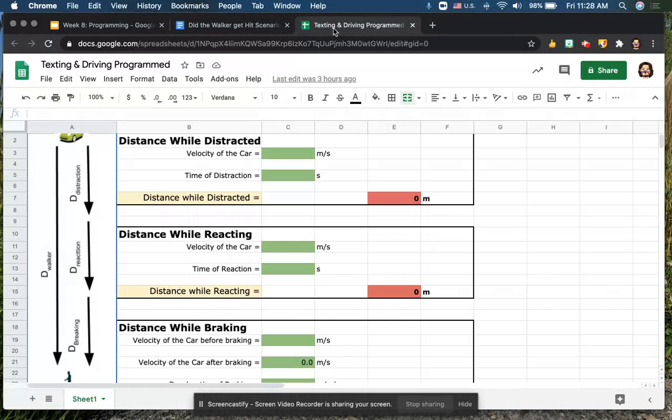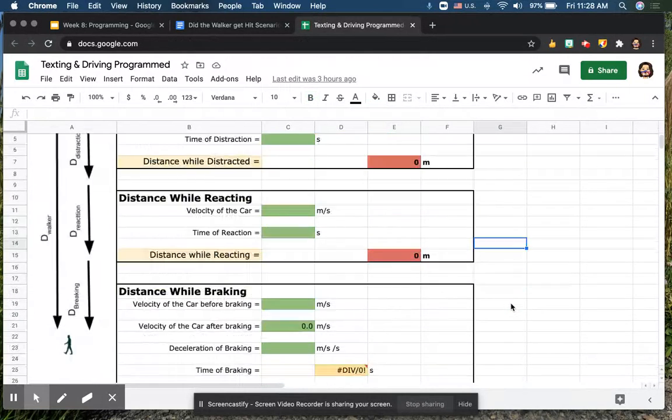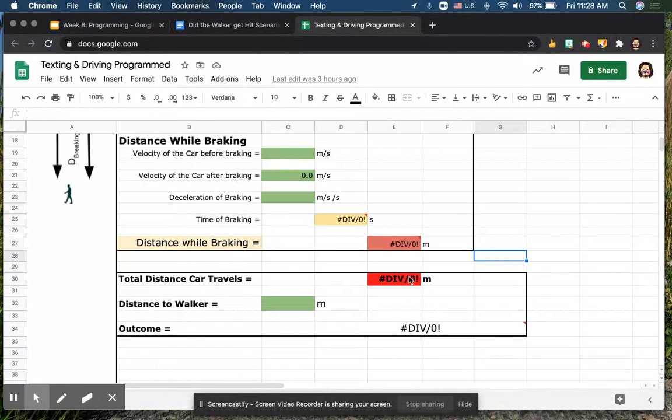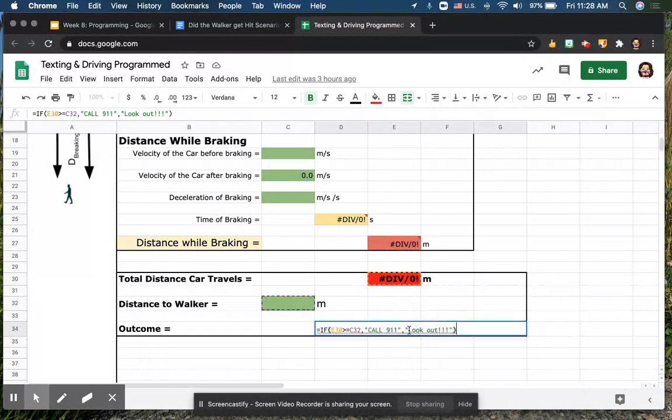So my spreadsheet should be opened and everything should be programmed. I can double check that by clicking on the outputs, which should give me a coded form. Scroll down here, double check, it's all coded, and my fun phrases is also coded.